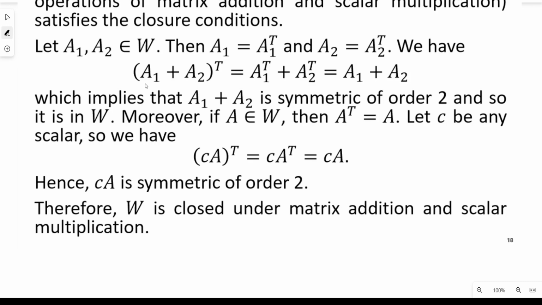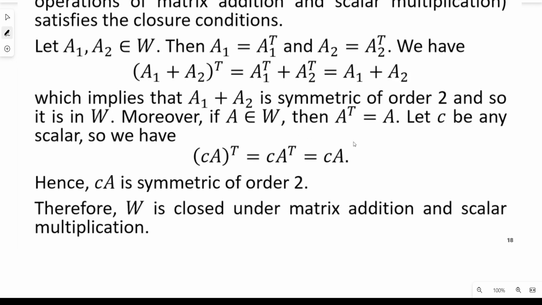As I recall, the transpose of the sum is just the sum of the transposes. So the transpose of A1 plus A2 is A1 transpose plus A2 transpose, but A1 and A2 being elements of W means these are symmetric matrices, so A1 transpose is just A1 and A2 transpose is just A2. So what we have shown here is that the sum A1 plus A2 is equal to its transpose, so A1 plus A2 is in W. A1 plus A2 is also symmetric, and it is of order 2 because we are adding matrices of order 2.